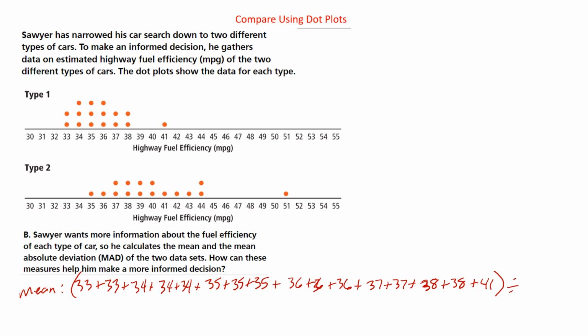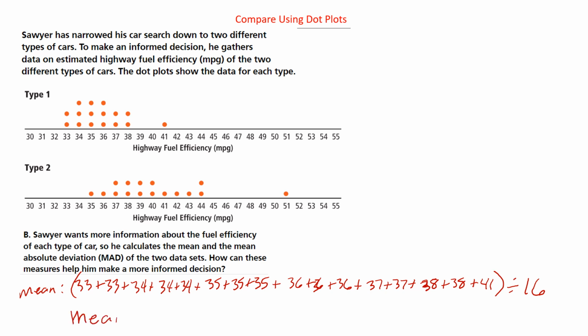We had 1, 2, 3, 4, 5, 6, 7, 8, 9, 10, 11, 12, 13, 14, 15, 16. So we had 16 different data points. So we're going to add all those up and divide by 16.